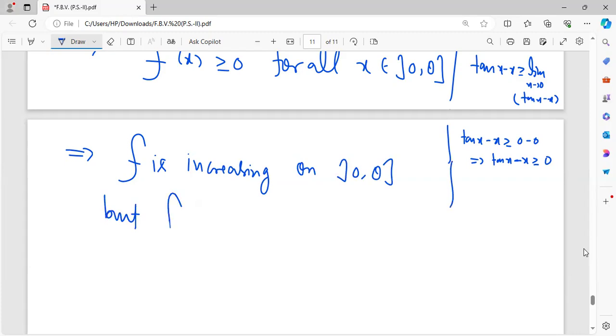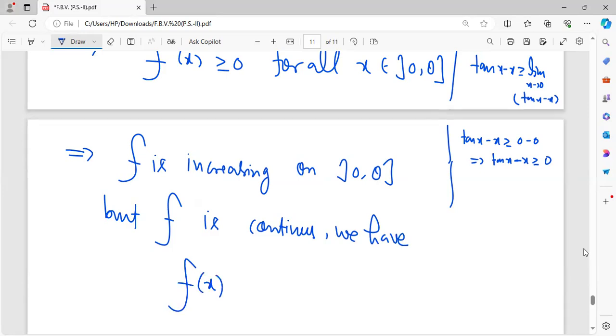But f is continuous. We have f(x) is greater than the limit as x tends to 0 plus of f(x), because f is continuous. What is this? This is 1.